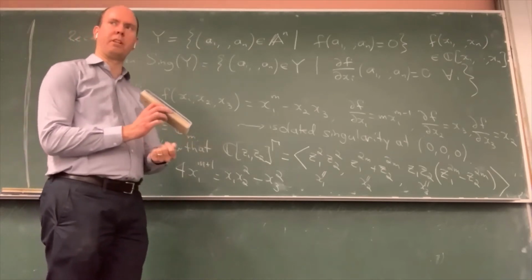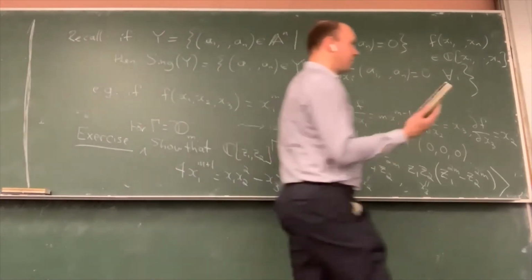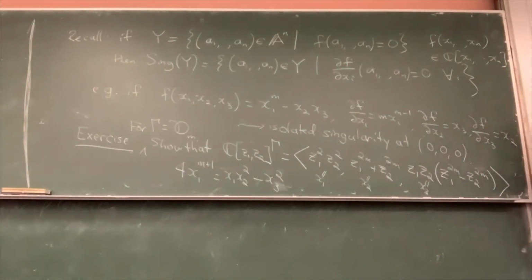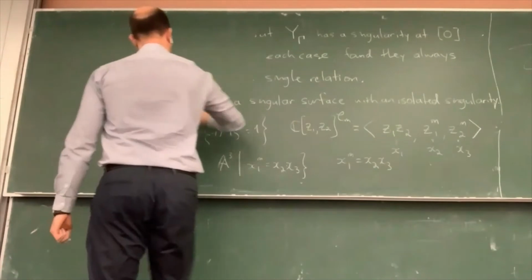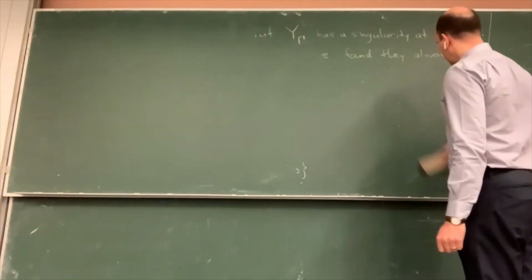So I just need to explain a little bit of the theory of normal varieties. This will be useful later in some of the proofs relating this to Hilbert schemes.